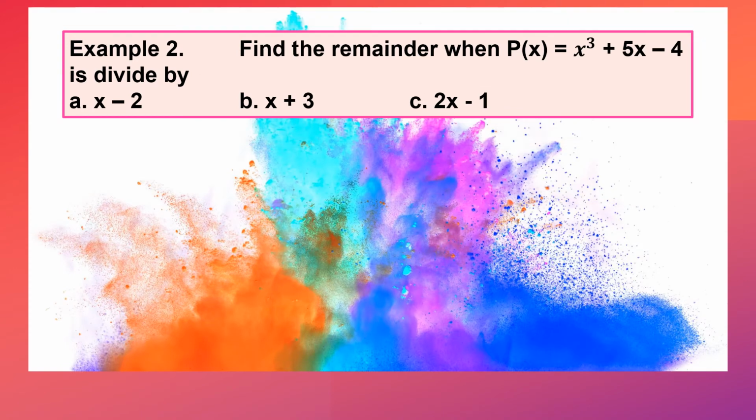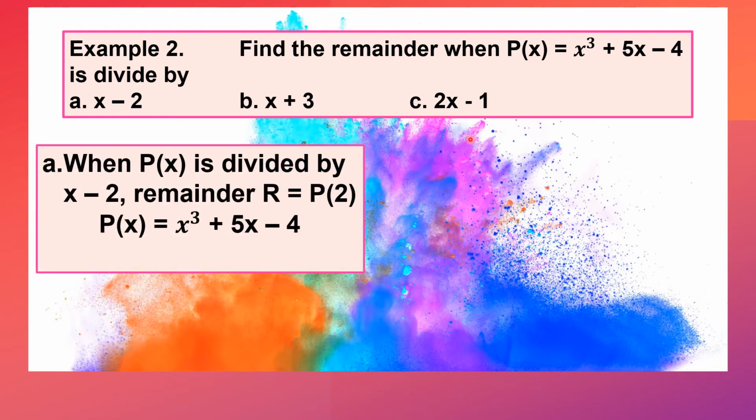Let's have example number 2. Find the remainder when p of x equals x cubed plus 5x minus 4 is divided by x minus 2, x plus 3, and 2x minus 1.